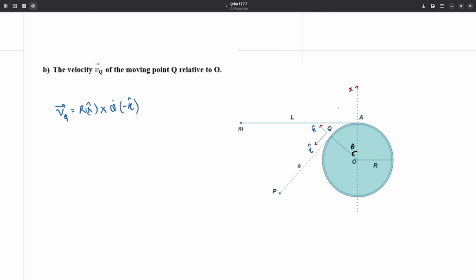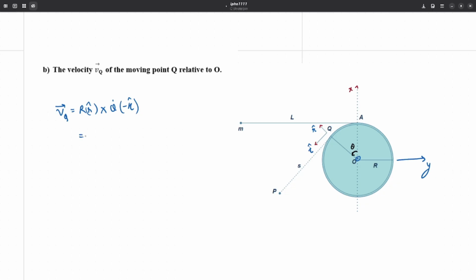As we already took the x-axis to be in the upward direction, y is in this direction and z is into the paper. As theta is counterclockwise, theta dot is out of the paper and towards you. Therefore, we took the direction to be minus k cap, as this is towards the viewer.